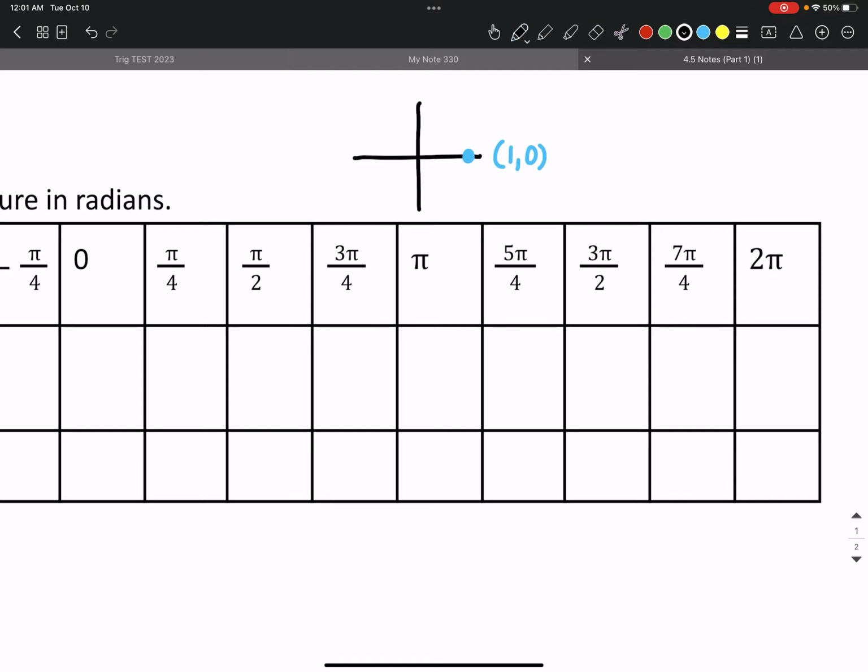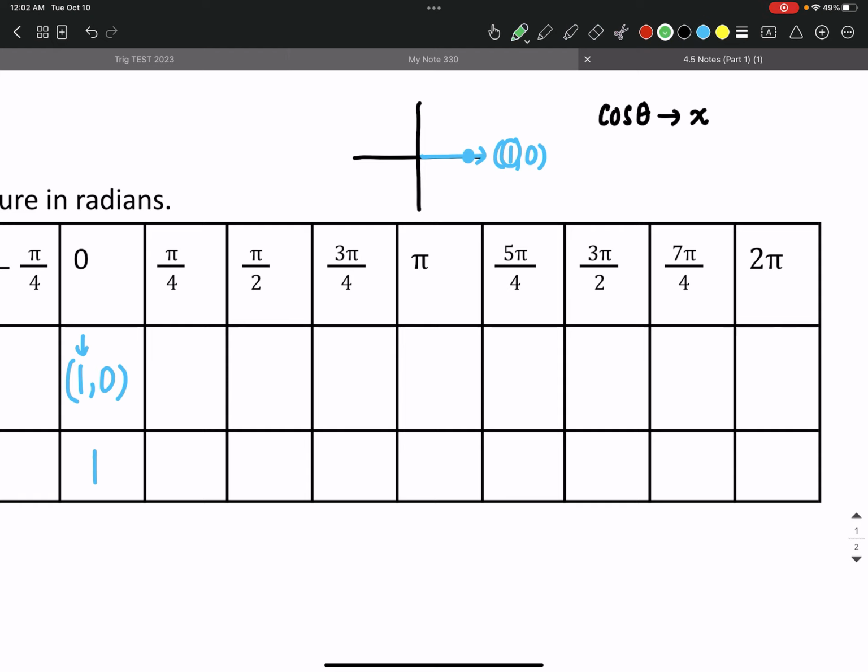And I know that if I'm looking for cosine of an angle, it's just my x value on the unit circle. So for this first angle of 0 radians, my answer would be 1. I had the point (1, 0), this is my x value, so my answer is 1.